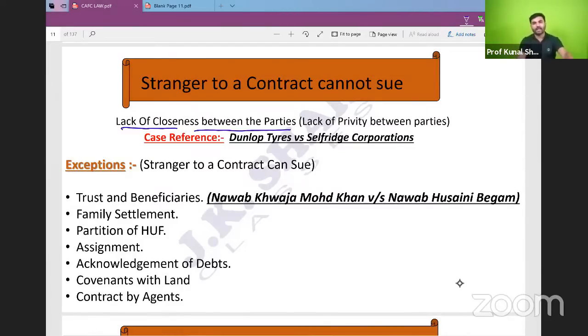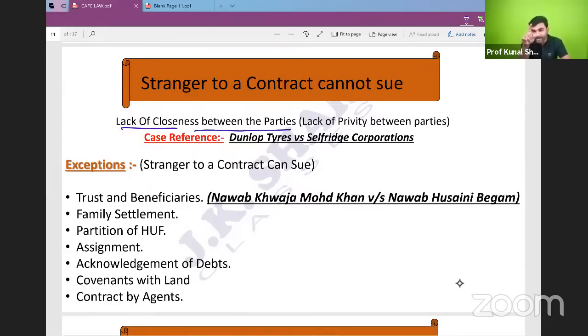One fine day, Selfridge Corporation did a breach of contract with Dew and Company, for which Dunlop Tyres filed a case against Selfridge Corporation. The honorable judge gave a decision that, sorry to say, Dunlop Tyres, you cannot file a case upon Selfridge Corporation because of lack of contractual relationship between you both. So whenever I talk about a stranger, sorry to say, a stranger to a contract cannot sue.